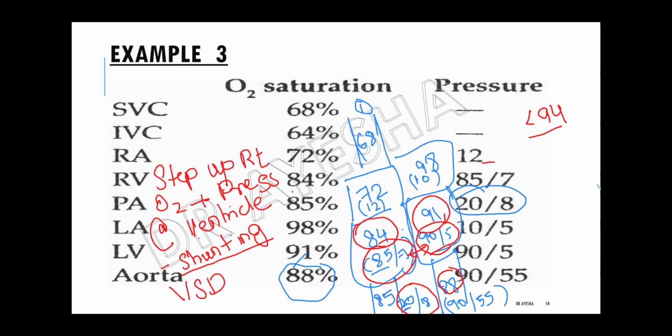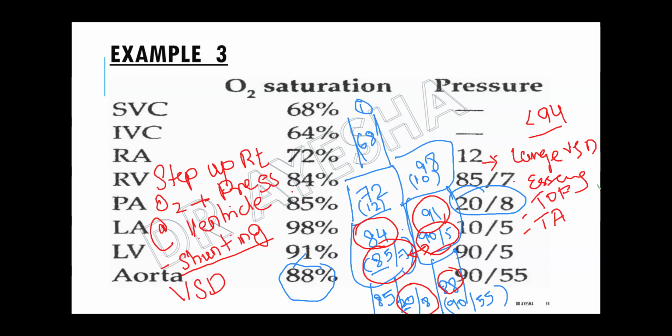We'll keep those differences today. So what are those differentials? Large VSD, Eisenmenger syndrome, tetralogy of Fallot, or truncus arteriosus.